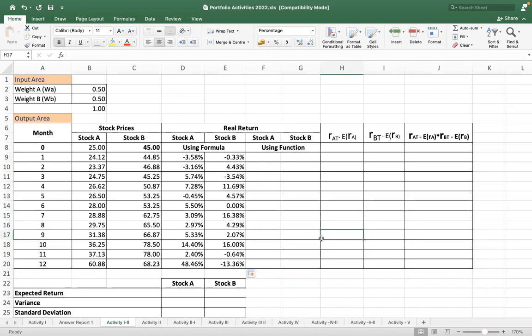This is the manual way we are using. When you use the manual way, you can practice it using the price difference divided by the average price. If there is a dividend, then we need to add it, price difference plus dividend.